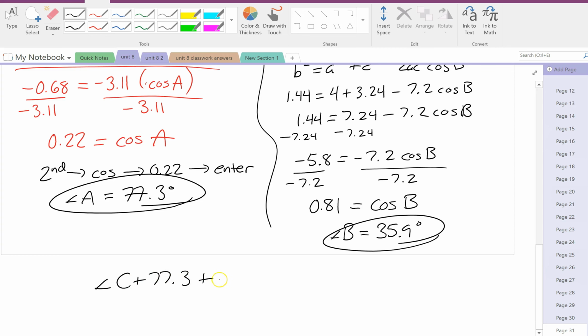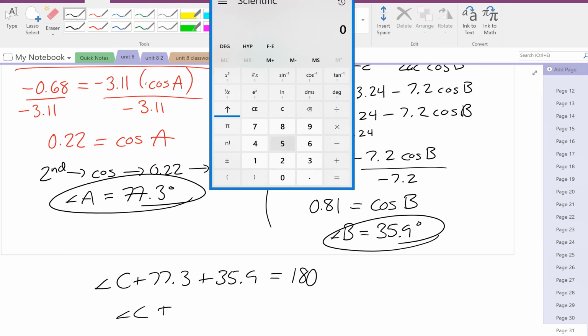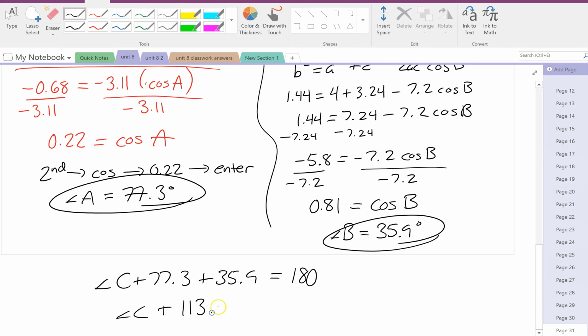All right, since I know angles A and B, angle C plus 77.3 plus 35.9, those three angles together have to add up to 180 because I'm still talking about a triangle here. 77.3 plus 35.9 is 113.2, so angle C plus 113.2 equals 180.